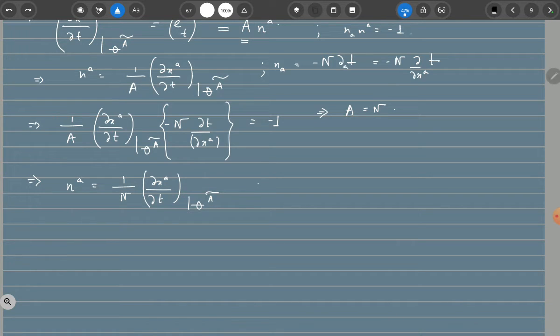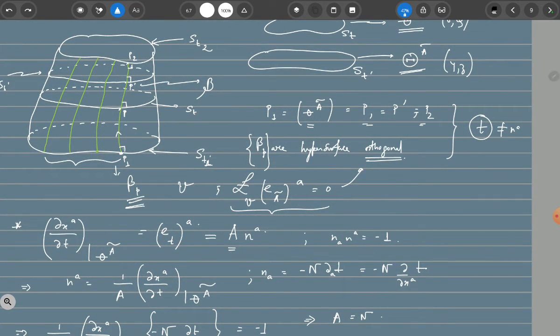Let me just mention here that Et of A is actually equals to n of NA. Now we have done basically the foliation, and also you should notice that these curves beta p, the parameter that flows along these curves, we can choose to be t itself, because for example here the value of t is t1, here the value is t, here the value is t prime, here the value is t2.